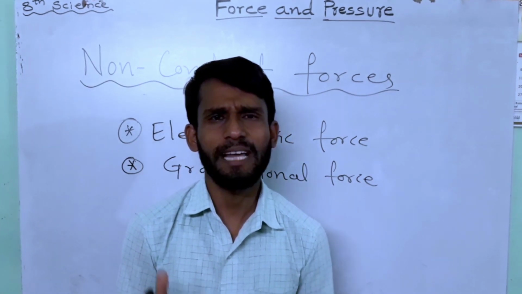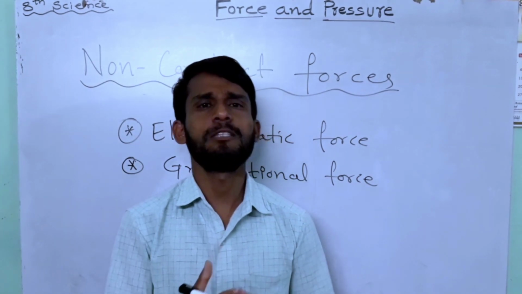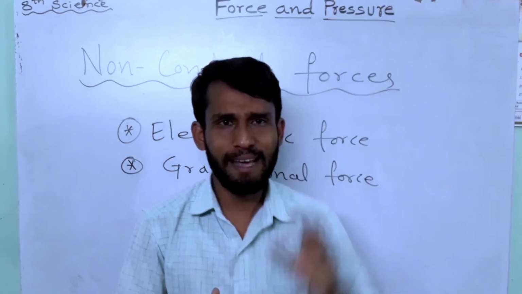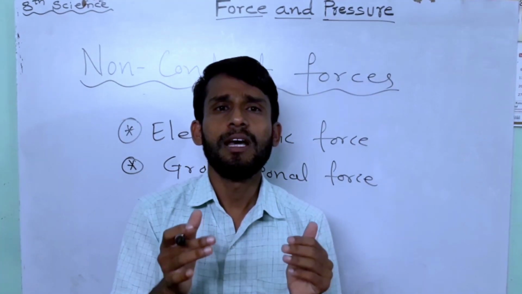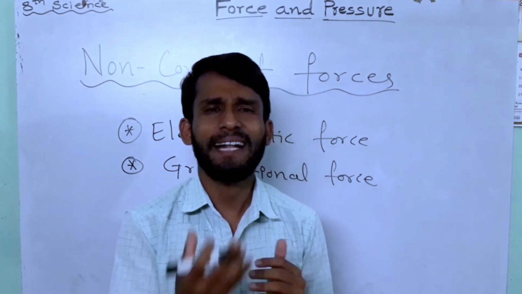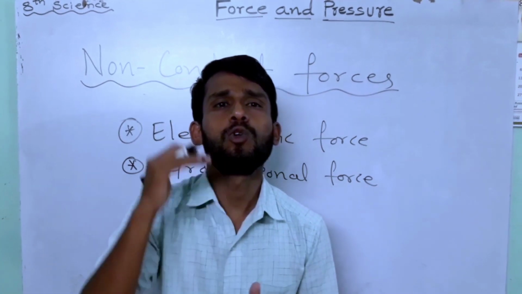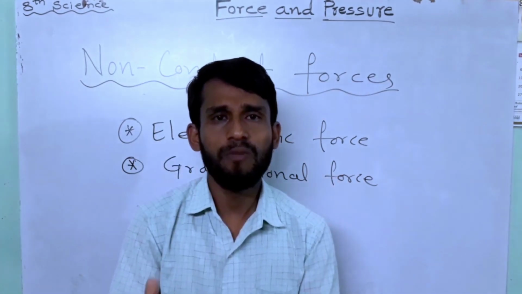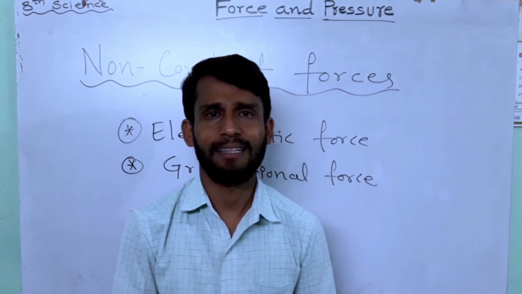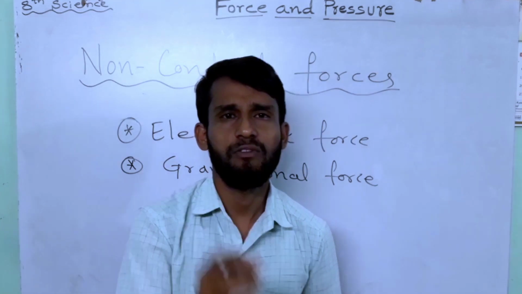Dear student, have you seen anywhere a football moving towards the sky? It does not, because the gravitational force attracts the football, so it moves only towards the earth. This is what we call gravitational force.